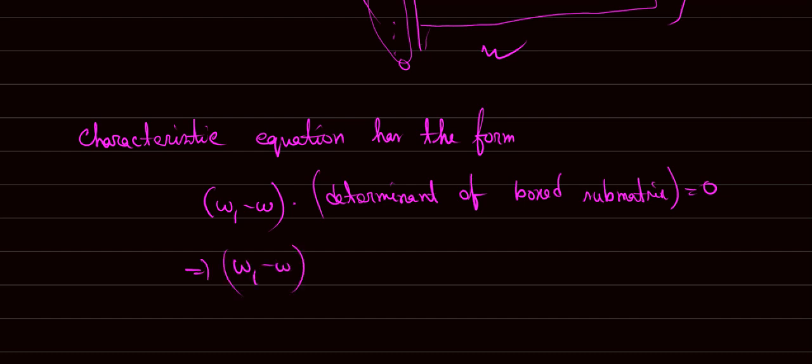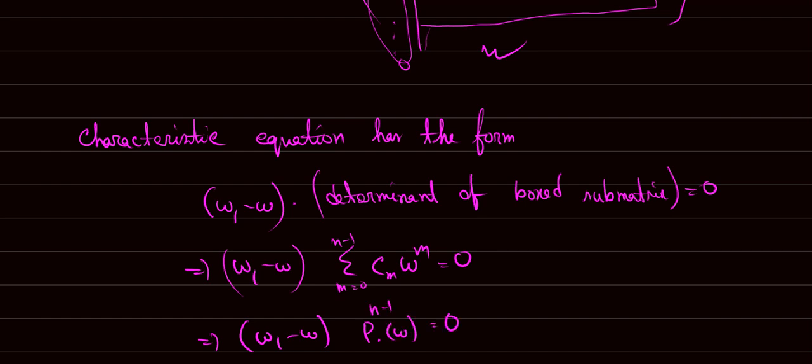Any determinant of the submatrix, as we have seen, can be represented like this in a polynomial. Okay, so this is a polynomial of degree n minus 1 in omega equal to 0.